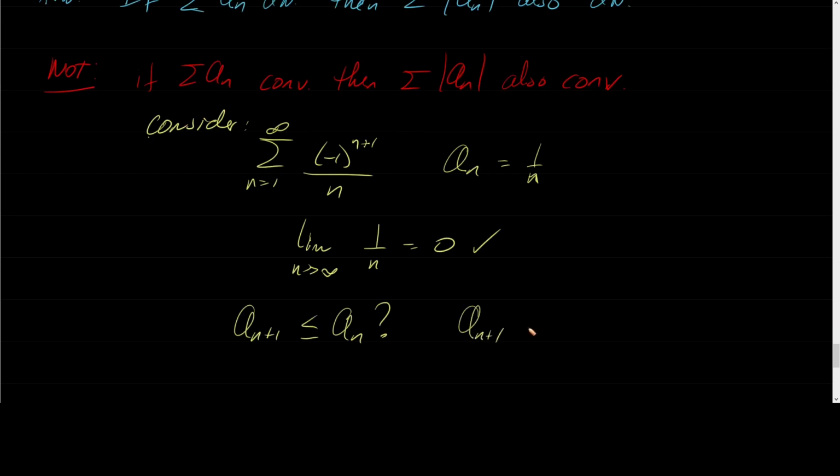A sub n plus 1 is equal to 1 over n plus 1. We know that n is less than n plus 1 for n greater than or equal to 1, which implies, if I do a cross division, that 1 over n plus 1 is less than 1 over n, which is good because this is showing that a sub n plus 1 is less than a sub n.